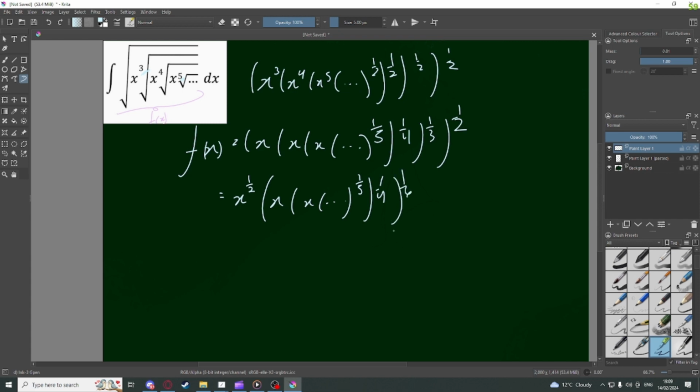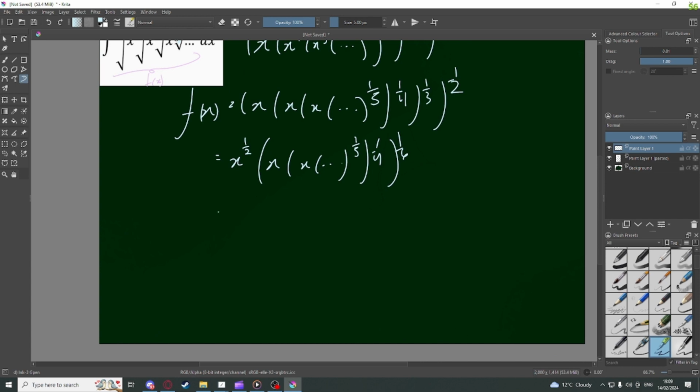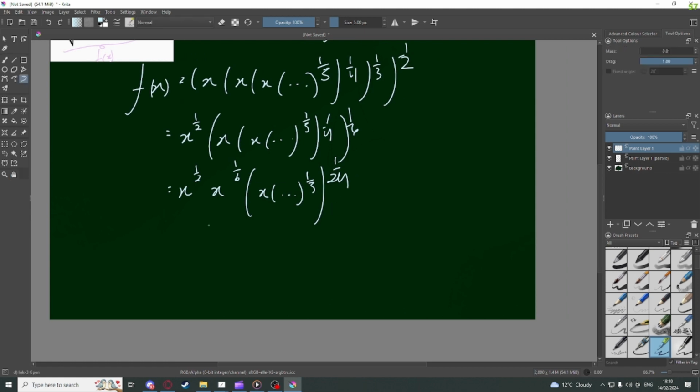Yep. And then this becomes x to the power of 1 over 2 times x to the 1 over 6 times x dot dot dot 1 over 5, 1 over 24, and then this becomes 1 over 2, 1 over 6, x to the 1 over 24.